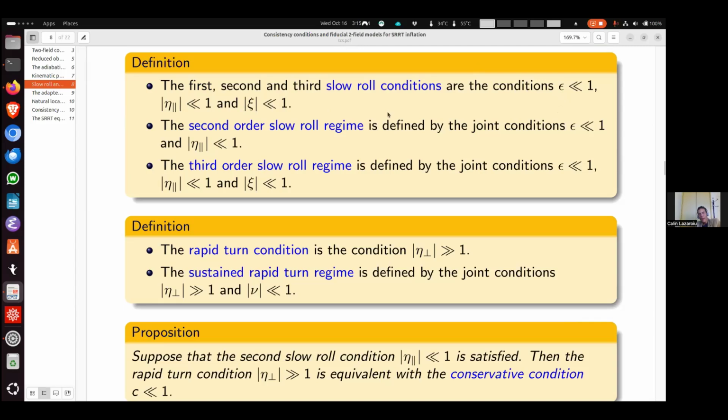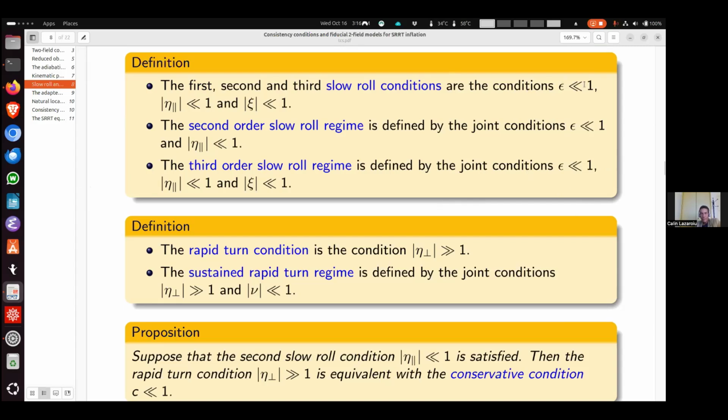So there's a generalization of this. You can actually define higher order slow roll parameters. I considered only the first three of them. You can define four, five, six slow roll parameters, and so on up to infinity. And strictly speaking, slow roll or perfect slow roll means that you require all of them to be much smaller than 1. But if you require only the first k such parameters to be much smaller than 1, that's called the k-th order slow roll regime. And if you require only some of them to be much smaller than 1, you have to specify which of them.